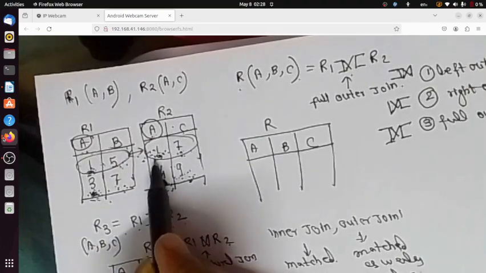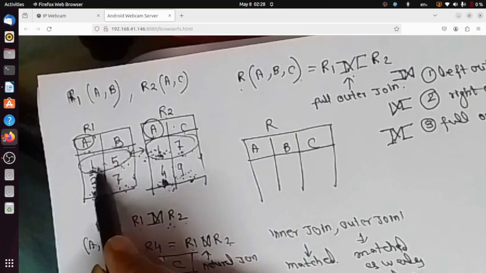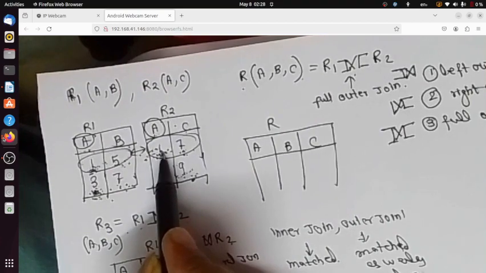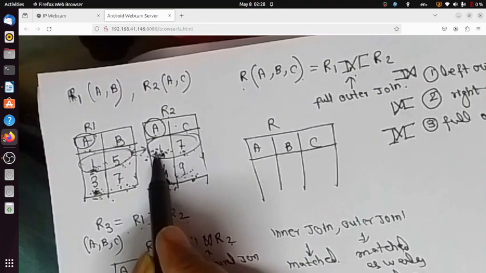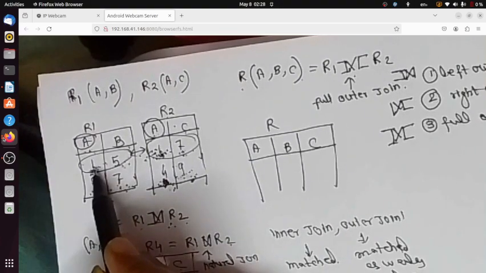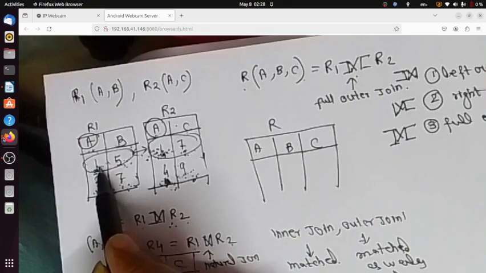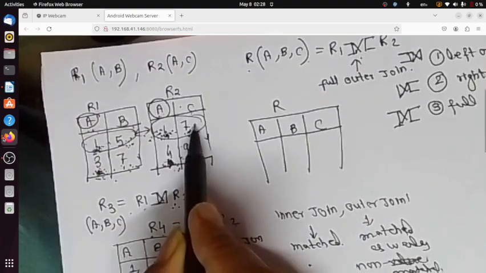These are the matched records, because for these two records the common column A has the same value, 1. So these two records will be combined into one record in the output relation, which will be 1, 5, 7, where 1 is the value of A, 5 is the value of B, and 7 is the value of C.